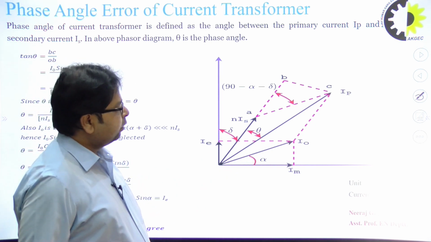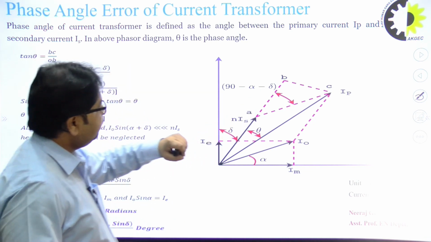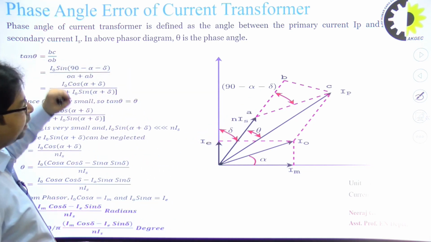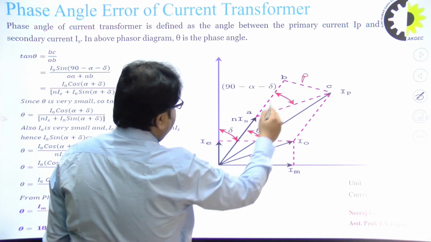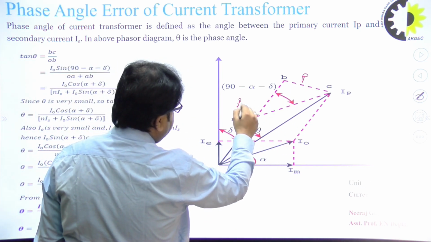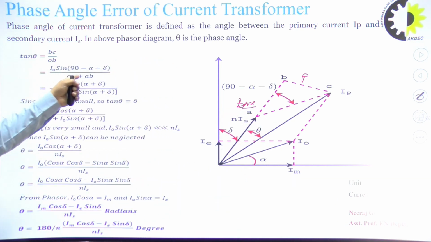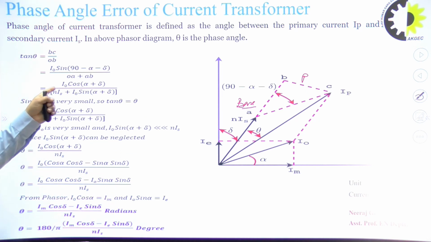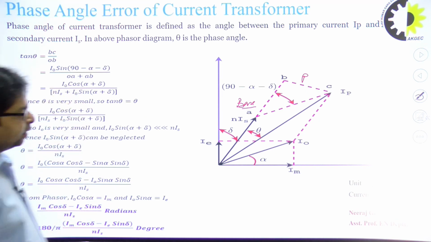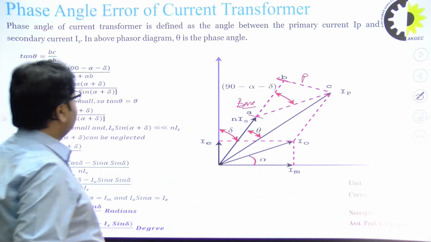If we want to calculate tan theta, tan theta will be BC by OB, that is BC, this perpendicular, and this is your base. So, we calculate I naught sin 90 minus alpha minus delta upon OA, that is this much, plus AB, OA plus AB.